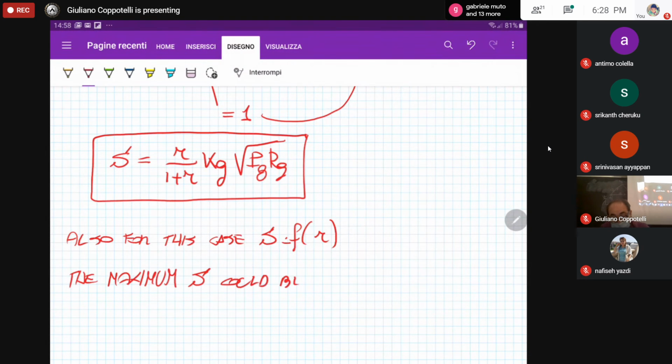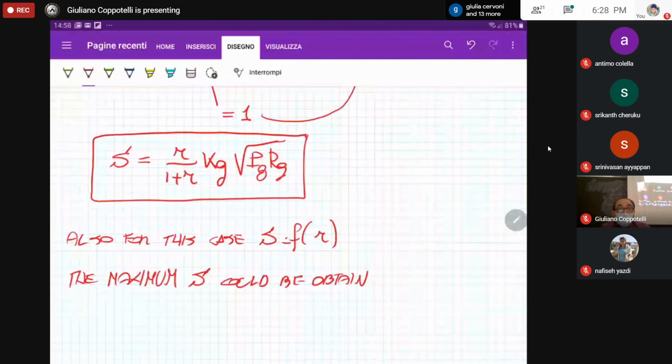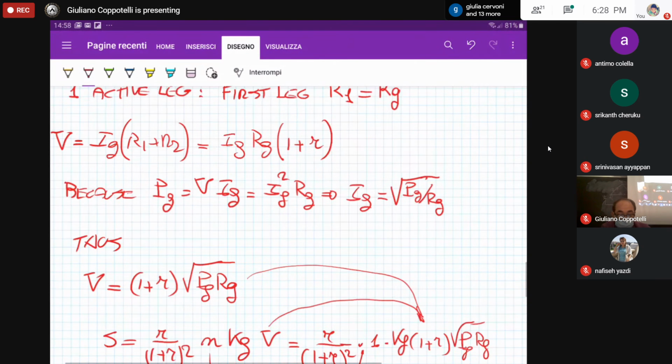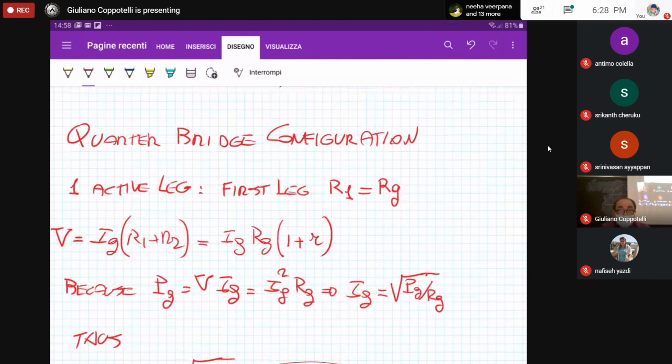How does that equal 1? Let's wait. Here we are just saying that there is one resistance with a strain gauge. So R1 is equal to RG. I'm not telling other things. So R1, R2, R3, R4 should be, however, such that the balancing conditions are met.